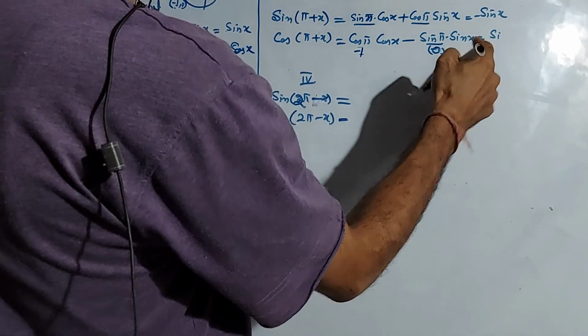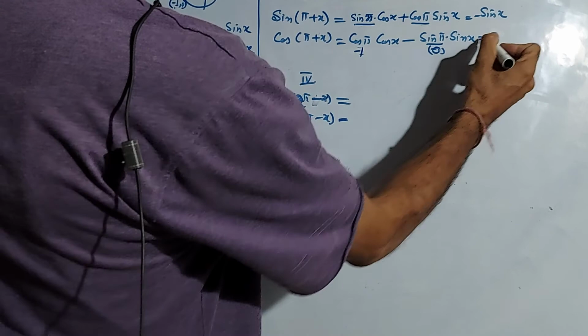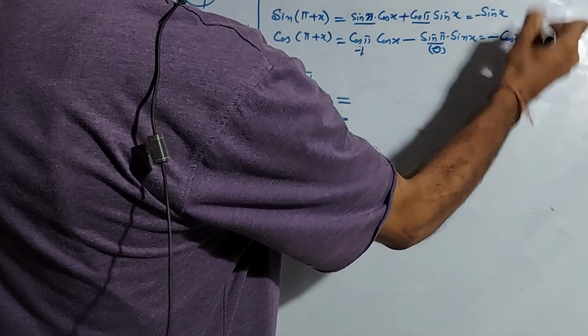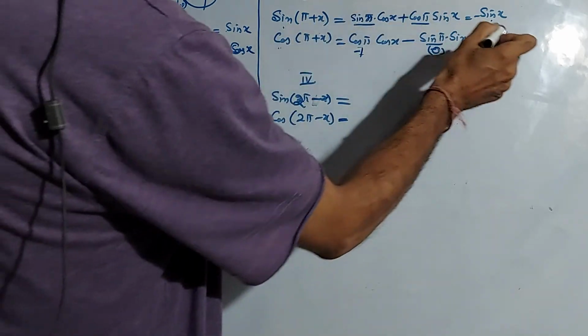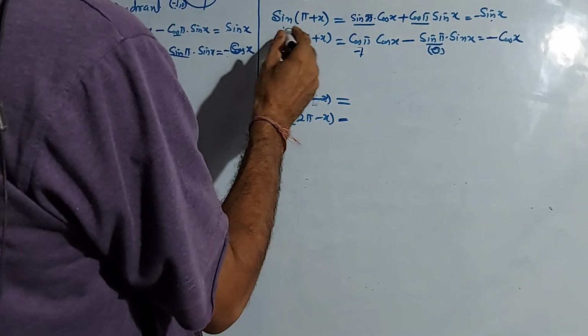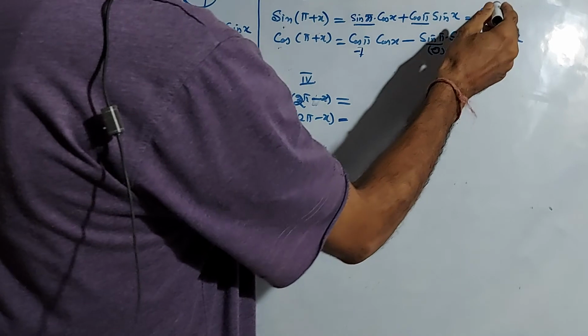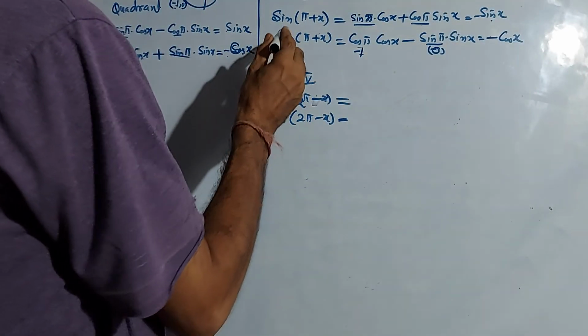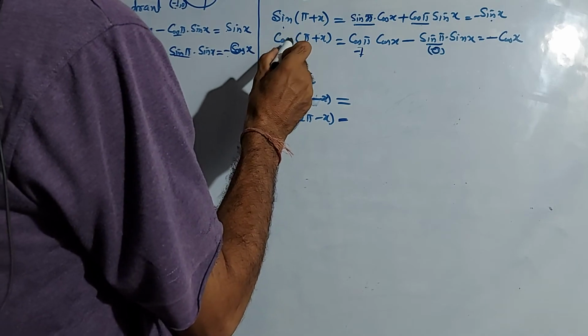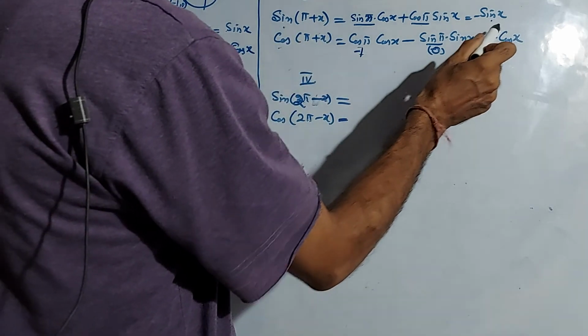So this will be 0 and the value is minus cos x. So sine is minus sine x, cos is minus cos x. Because of this, tan of pi plus x is minus minus, sine upon cos, will be tan x. And cot of pi plus x will be plus cot x.